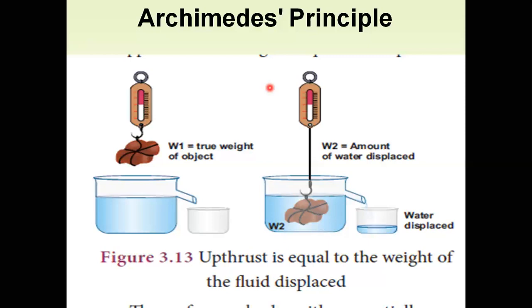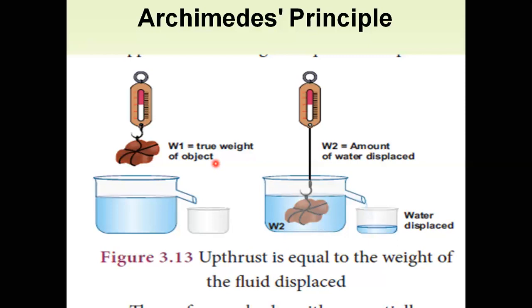So he got an idea which is known as the Archimedes principle. This principle states that the upward buoyant force on the object is equal to the weight of the fluid displaced by the body.